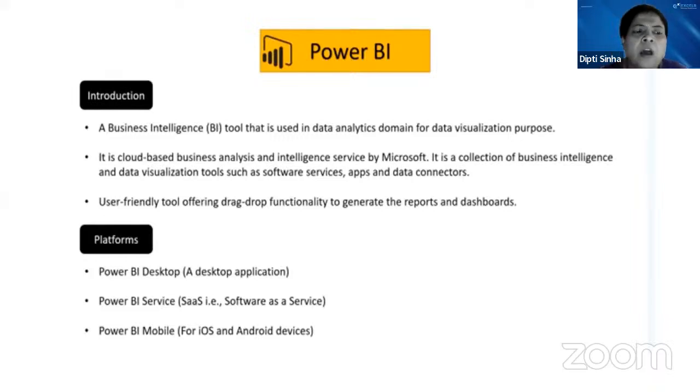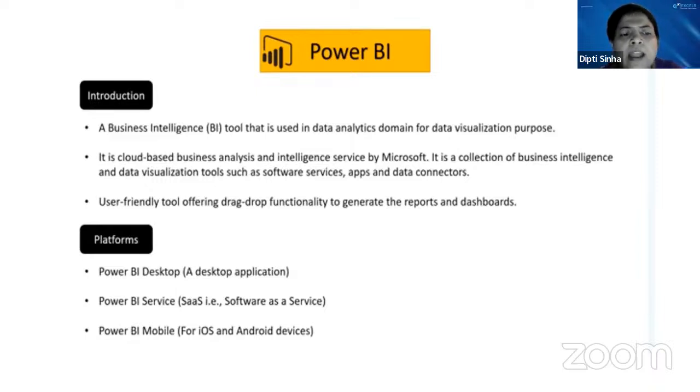Now, what are the different platforms we have? We have Power BI Desktop. What is Power BI Desktop? Power BI Desktop means everyone can use this app on their laptop or desktop. This is totally free for you. Then we have Power BI Service. If you're working in any company, the company will not provide the data on your system, right? They will just give you access, that is server access or cloud access.